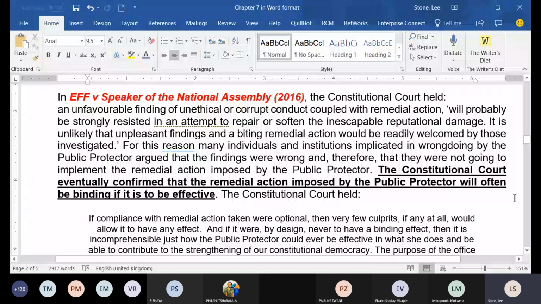She helps to uproot prejudice, impropriety, abuse of power, and corruption throughout the government, national sphere, in the provincial sphere, even in the local sphere. That's how far-reaching.